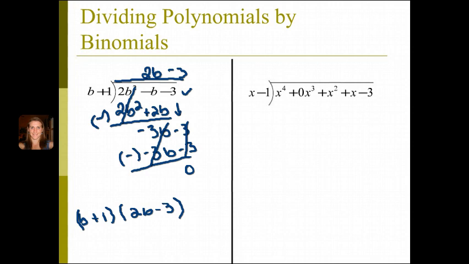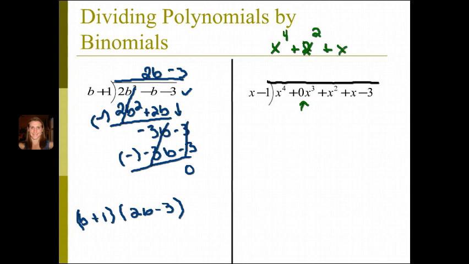On our last example, you'll notice that in this example, we have a term with a 0 in front of it. The original problem looked like x to the 4th plus, that should be x squared plus x minus 3.